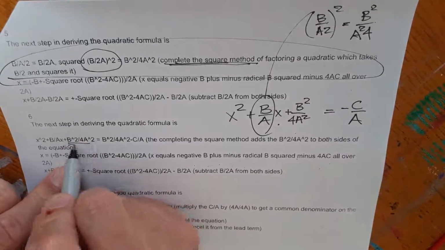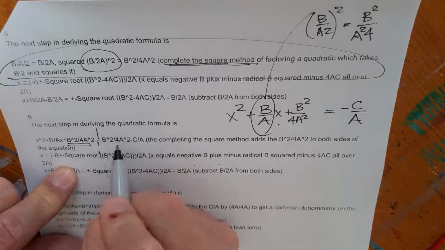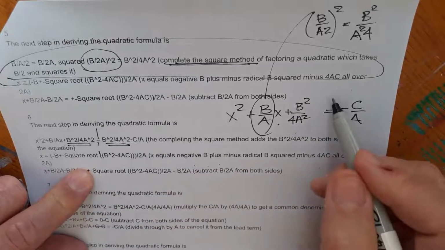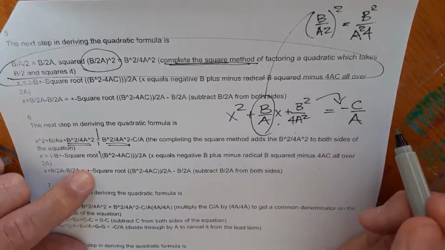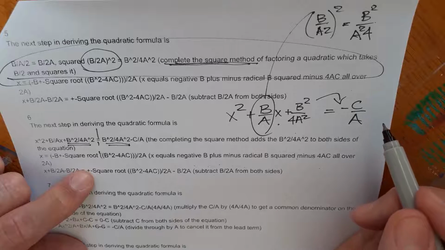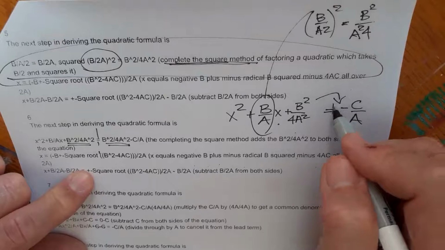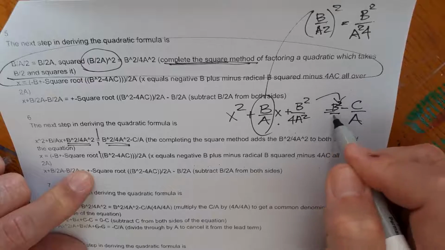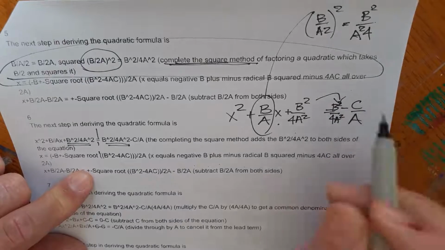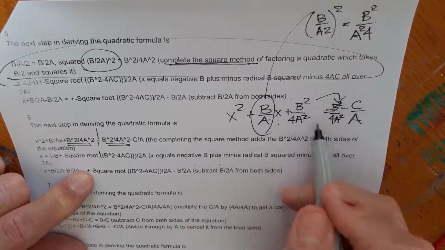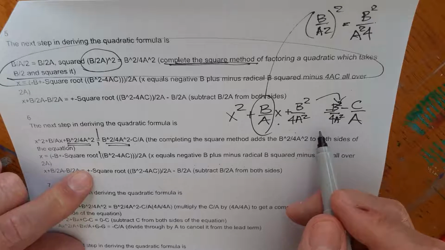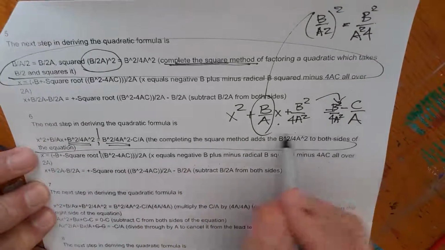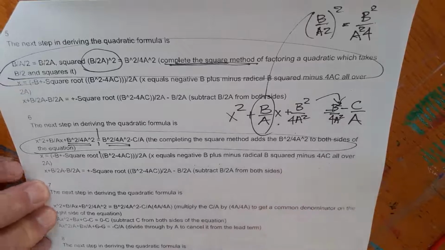That's what we've got right here on the left side of the equals. And here it is on the right, and we squeezed it right in front of this minus c over a, right? So this is going to be b squared here over 4a squared. Because remember, whatever you do to one side of an equation, you can do to the other. So this is the correct answer here, and it's telling us to do this on both sides.